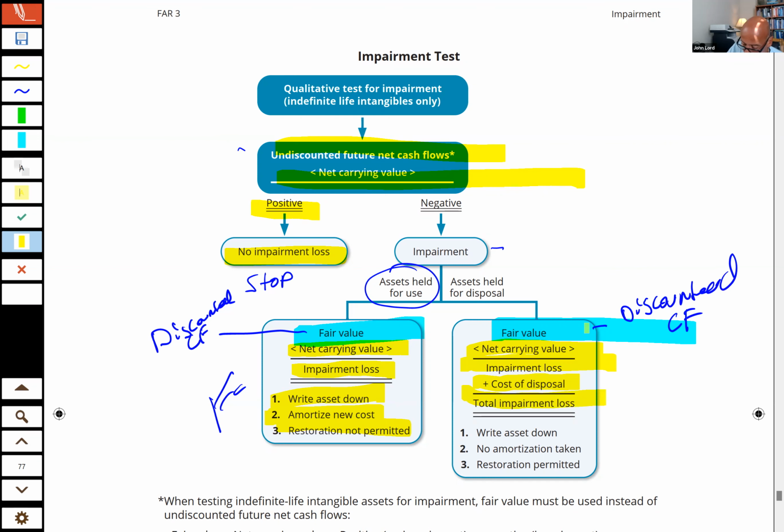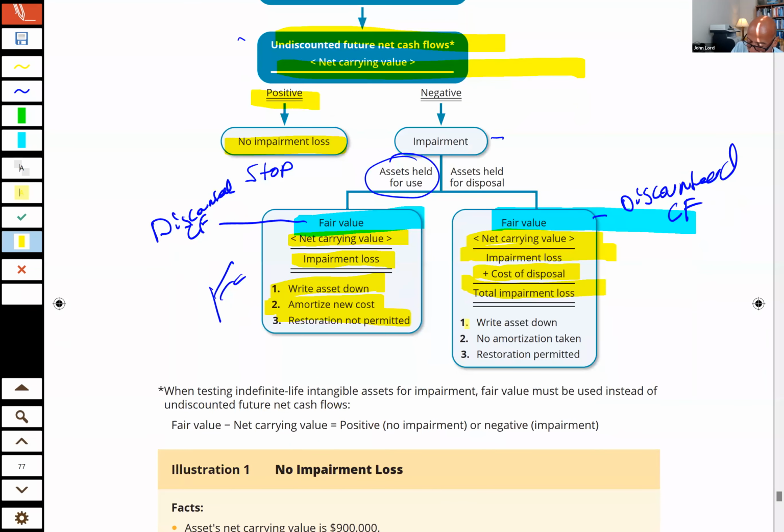The rules here are that you do what? You write the asset down. You no longer depreciate or amortize that asset because you're not going to be using it anymore. So there is no need to depreciate any future economic benefit. Restoration is permitted, but I want you to write it in, not in excess of previously recognized losses.